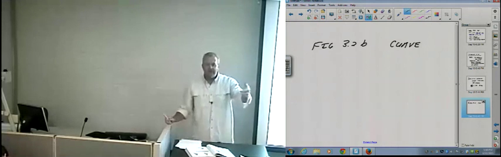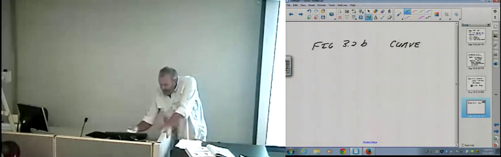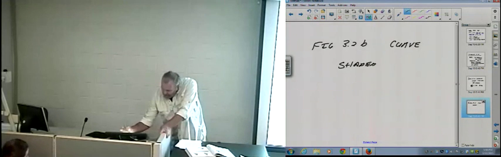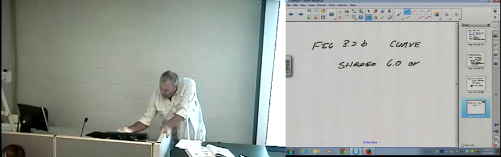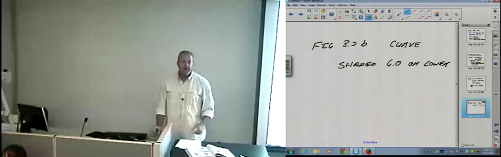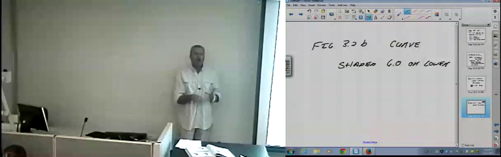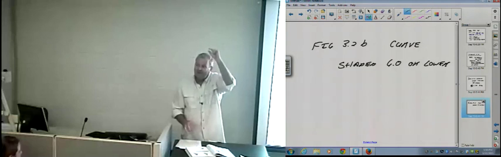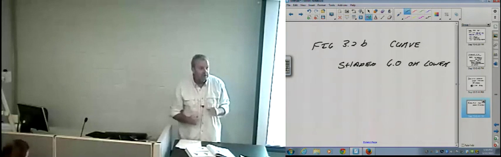Before it was the histogram. Now it's the curve. They've shaded 6.0 or lower. Not the bars, the area under the curve. Everybody agree with that? You see the difference. There's some little purple of the bars sticking above the curve there. They shaded under the curve.